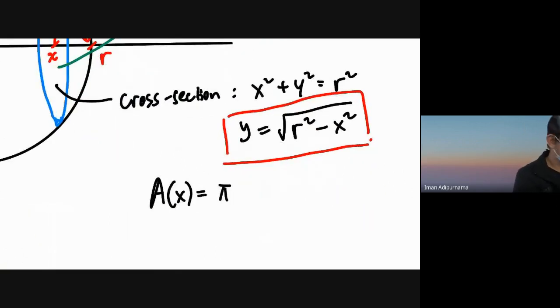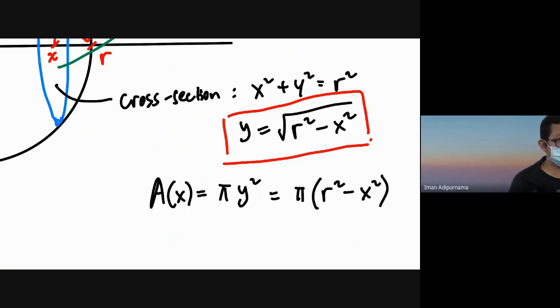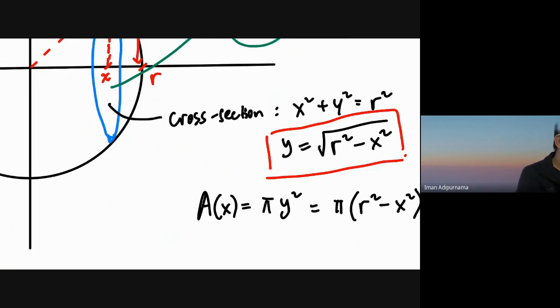So this will be pi y squared for the circle, right? For a small circle inside the sphere. Now this becomes pi times r squared minus x squared.